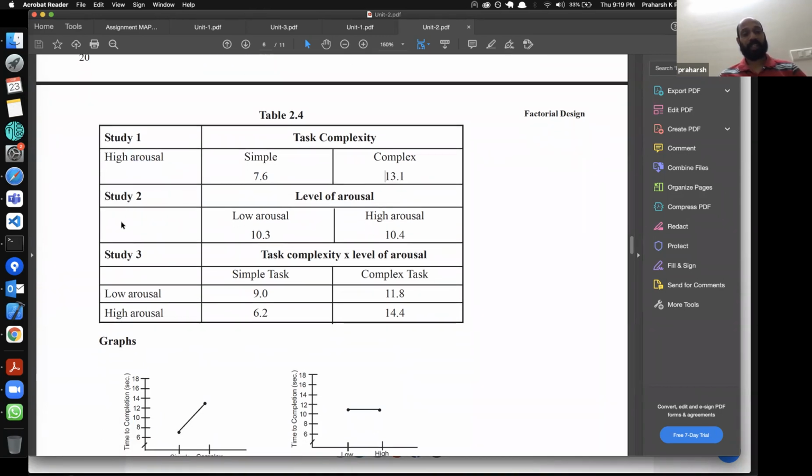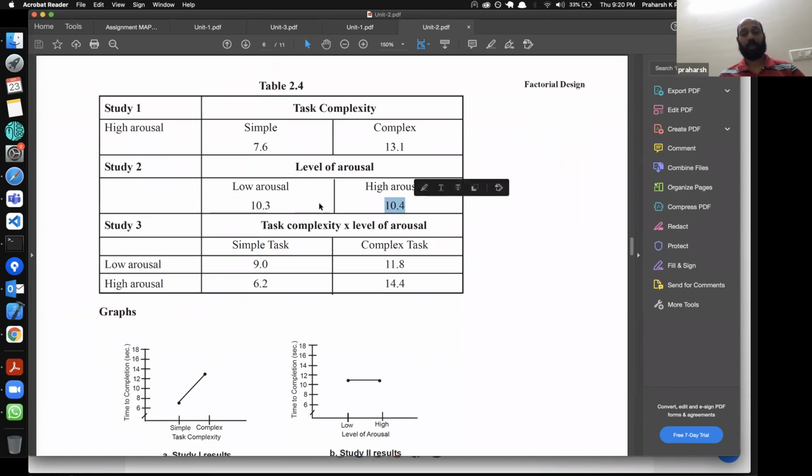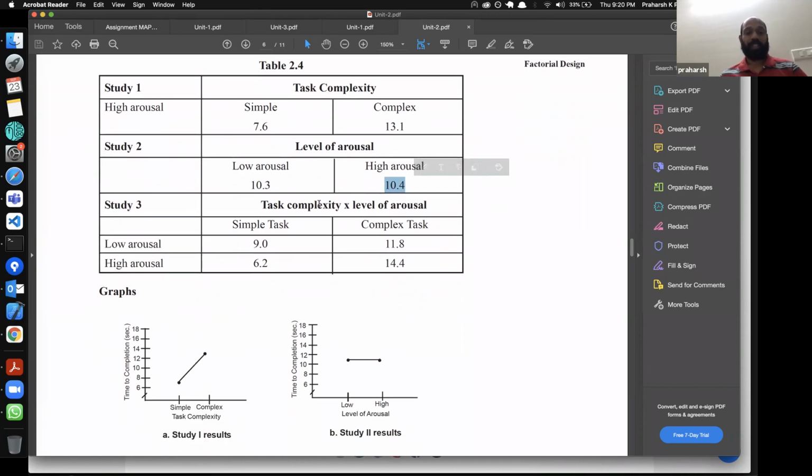Depending on the person's level of arousal, we measured the number of seconds it takes for the person to do the task, and we got those tabulated. Then we study this matrix: task complexity, simple, complex, low and high, and we do the reading again for both of them.